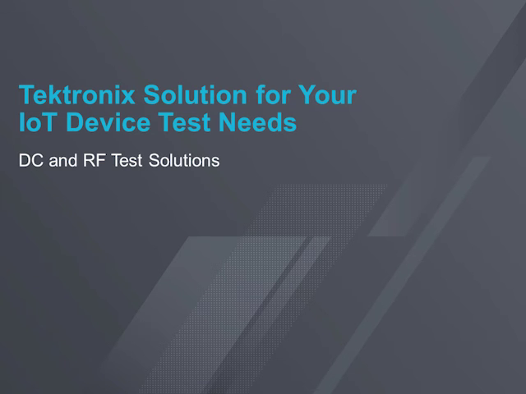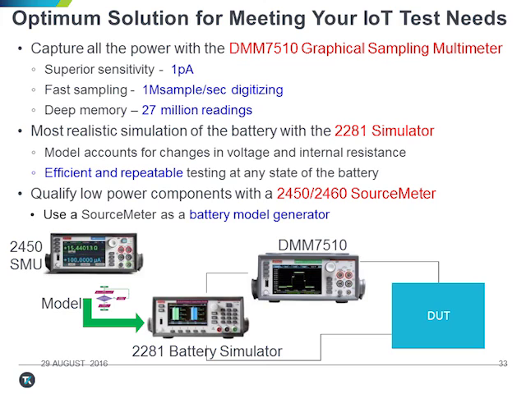While this discussion is focused on the DC power consumption test challenges, Tektronix and Keithley can offer a complete set of test and measurement solutions for all the circuit blocks of your product. For DC power consumption, we have shown how the DMM 7510 graphical sampling multimeter has the sensitivity, speed, and memory depth to capture your product's power consumption in all its operating states.